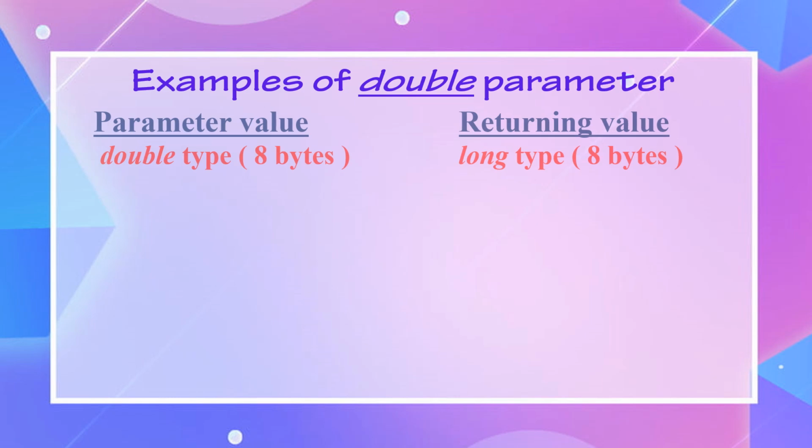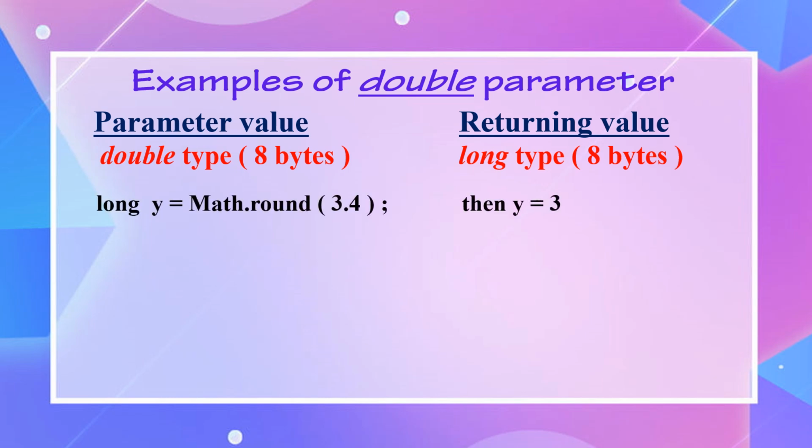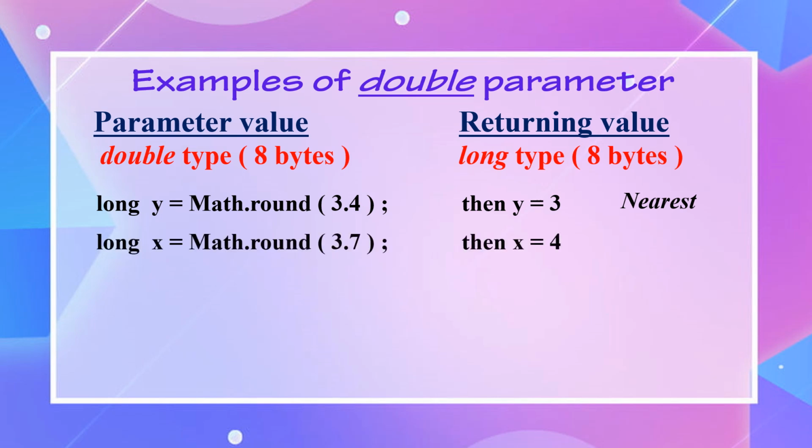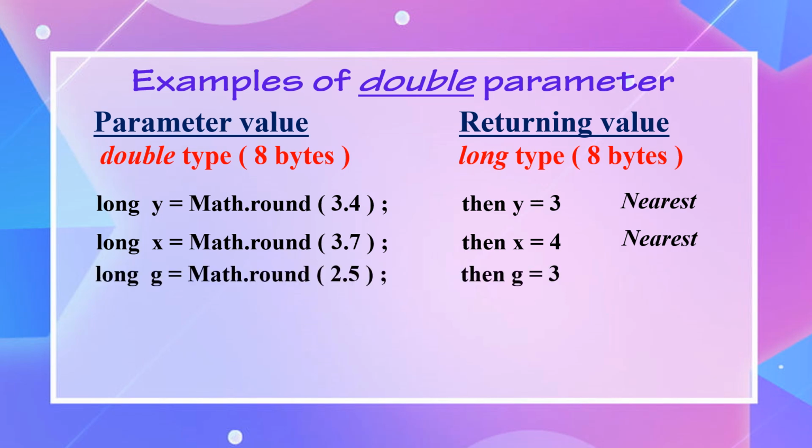Now let us see some examples of round function with double parameter. 3.4 will become 3, the nearest integer on the lower side. 3.7 will become 4, the nearest integer on the higher side. 2.5 will become 3, that is from 0.5 position, it goes to the greater side, the greater integer.